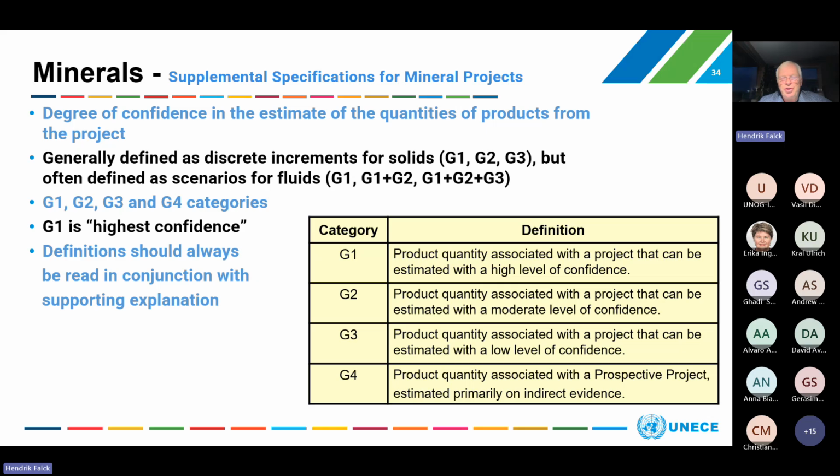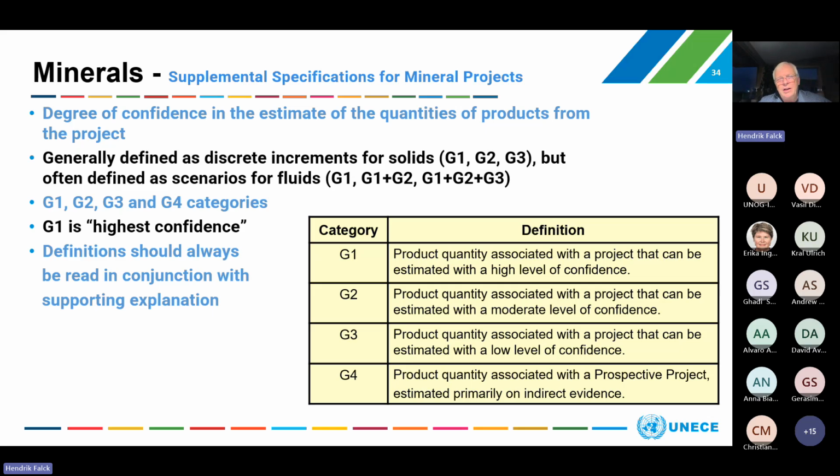It has a G1 as the highest level of confidence and decreasing confidence as we go down to a G4, where it can be a very prospective project where you have a good idea there may be something in this area. That's the level of confidence a G4 supplies, as opposed to a G1, which is, I'm almost 90% certain that I will have 6 million ounces of gold, and I will have 6 million ounces of gold bars coming out of the mill at the end of this.